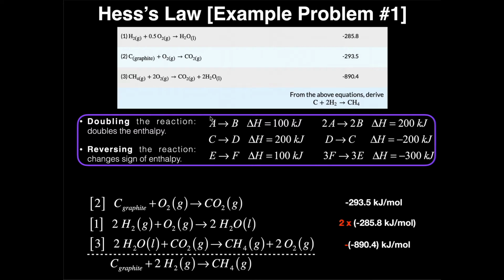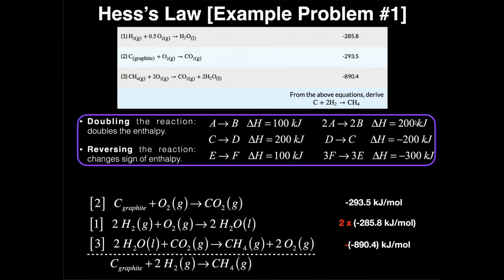So these are both understood to be 1. So instead of 1A to 1B, we now have 2A to 2B. That also doubles the enthalpy. So instead of just being 100 kilojoules, now the enthalpy is 200 kilojoules. If I double this one right here, I'd have 4A goes to 4B, and now I'd have 400 kilojoules.